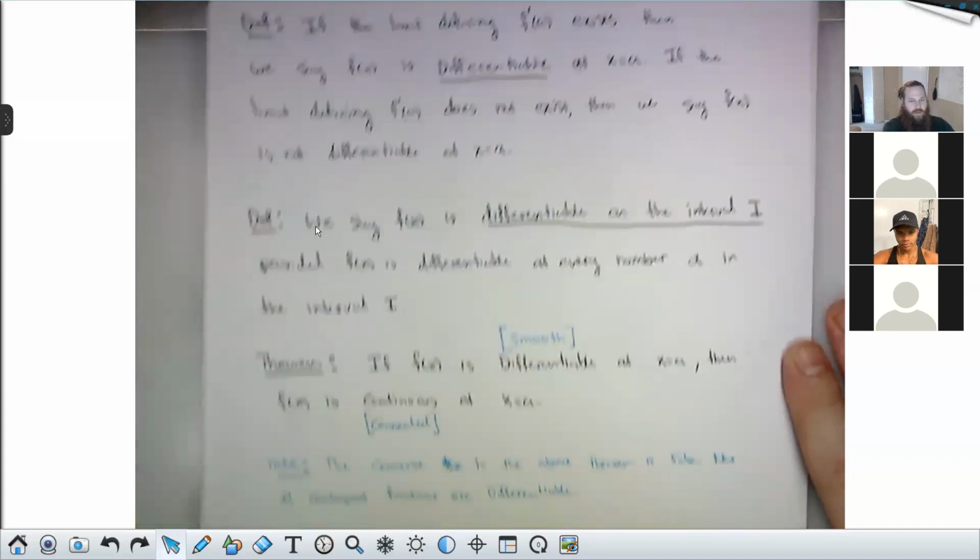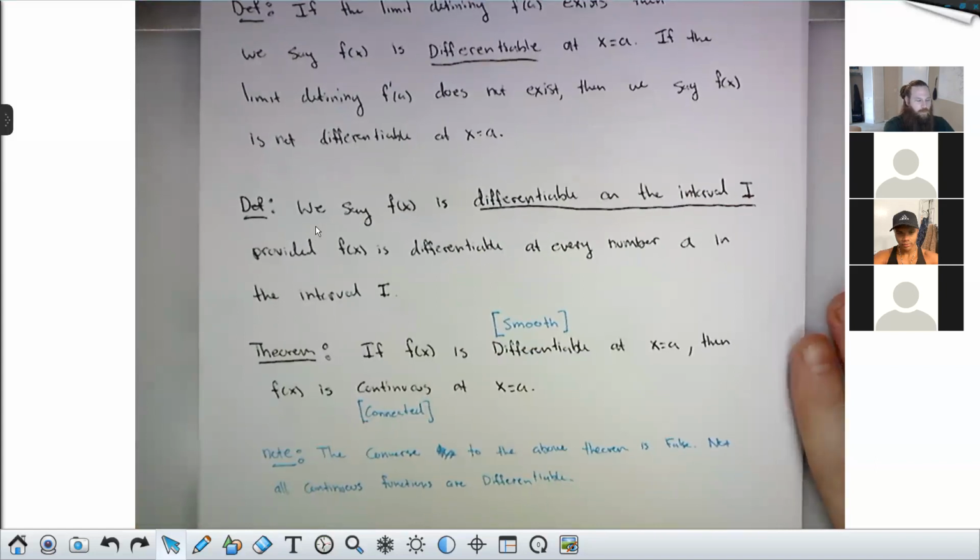And since this is an honors class, I want to show you guys what's called a pathological function. So our example there of a continuous function that isn't differentiable was the absolute value, right? It's continuous everywhere, and it fails to be differentiable at one point.